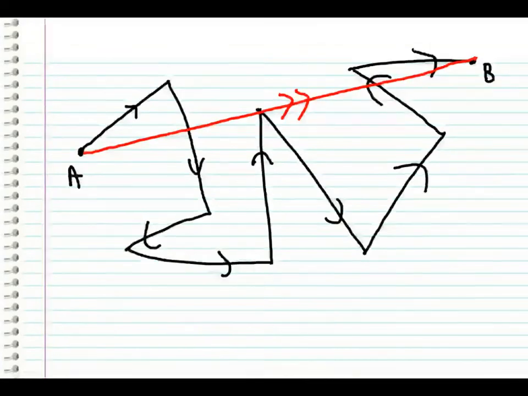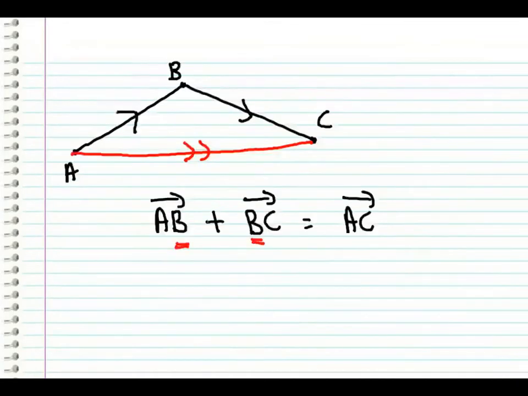So, if you started from A and you go through many vectors to finally get to point B, the sum of all these vectors is simply the vector drawn from A to B. Let us take a look at this in more detail now.